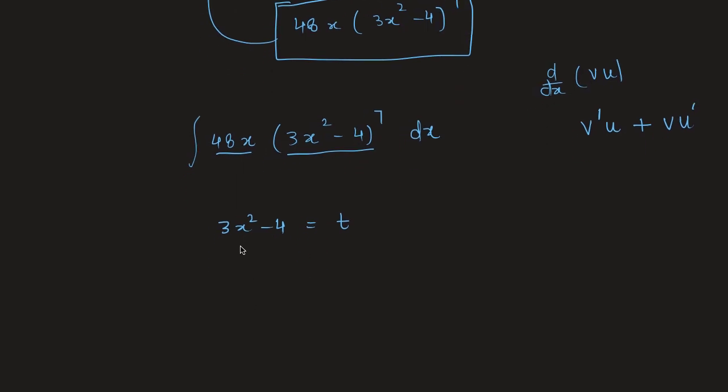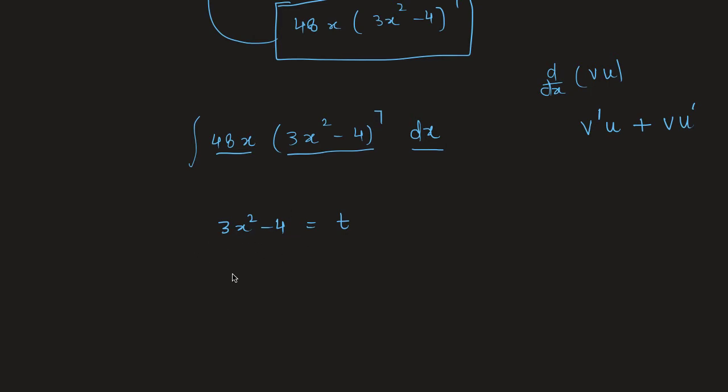Okay, now I am assuming this as t. Now if I have to integrate this function, the parameters are different. This is in terms of t, this is in terms of x, and the small change dx is also in terms of x. So if you are replacing something, you have to replace all the variables involved.